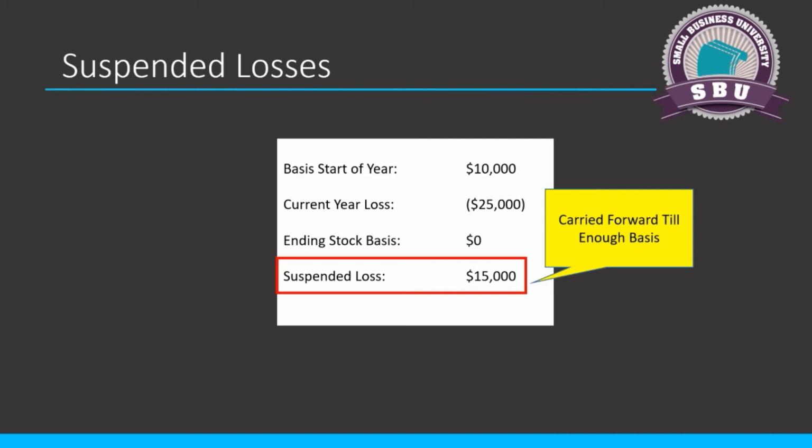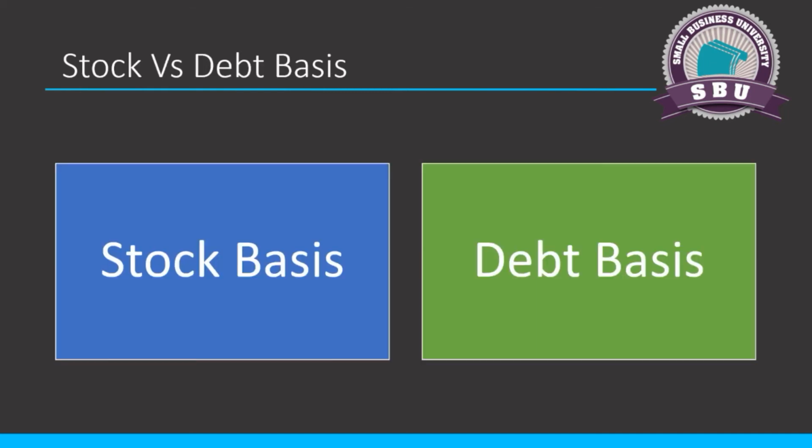To make it a little more complicated, let me show you that there's actually not just one, there's two kinds of basis. Okay? And most of what you hear about involves stock basis. That's what we've just been using as stock basis. But that's only one part of the puzzle.